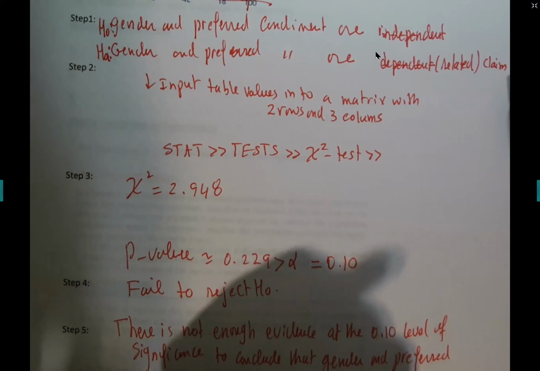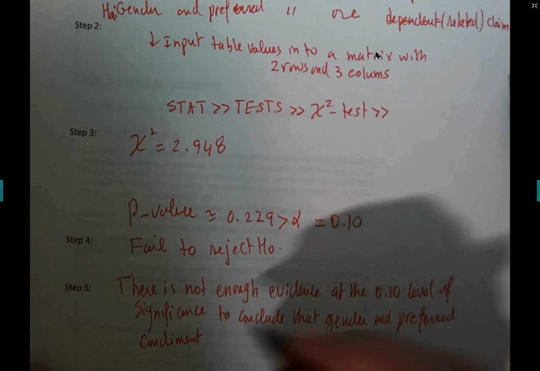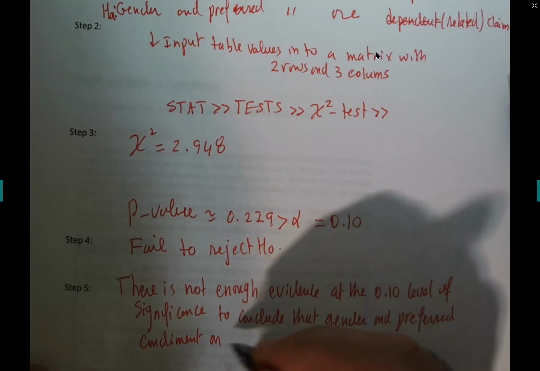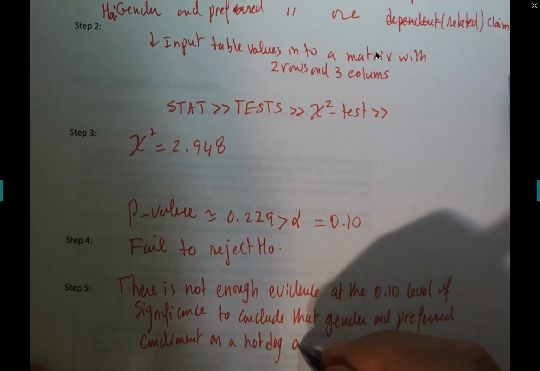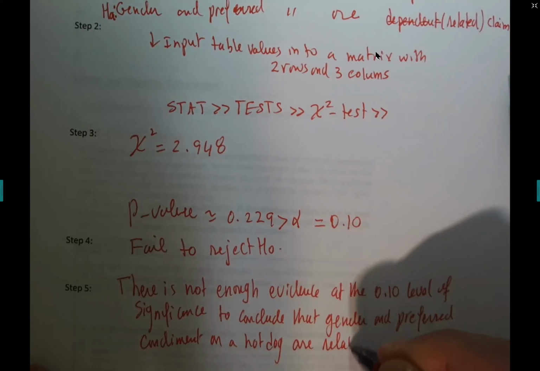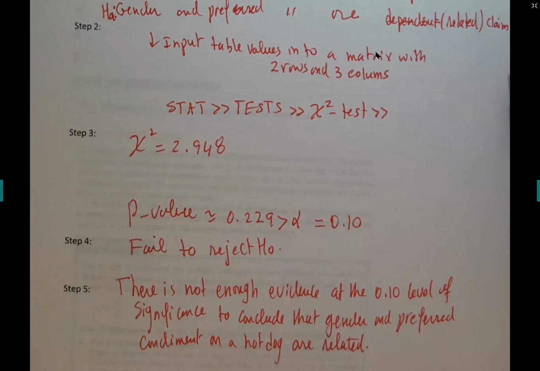So it doesn't matter if you're a man or woman, that doesn't make a difference when you choose your condiment, just on a hot dog. We don't think they are related. We said there is not enough evidence to support the claim that gender and preferred condiment on a hot dog are related.